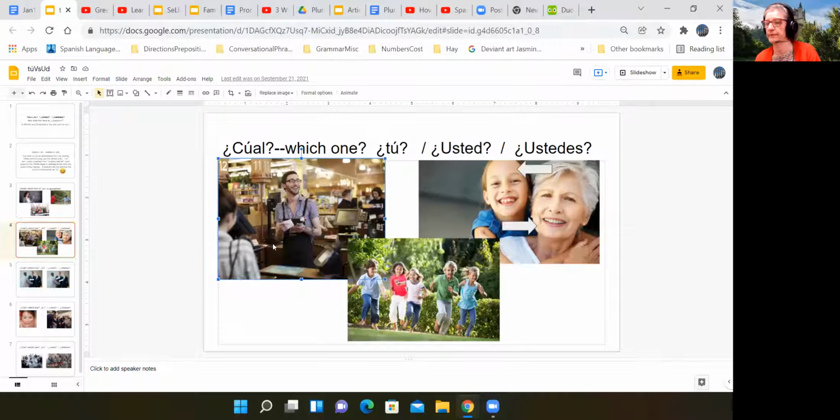Checkout line. Usted, even if he's got a tag saying, "Hi, my name is Carl." No, you don't really know him as Carl, okay? Usted. In all store situations, whether it's the store owner talking to you, or you talking to the store owner, usted is what is considered polite.